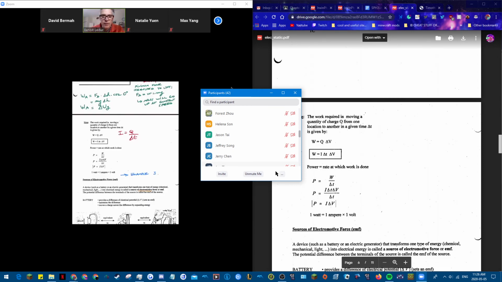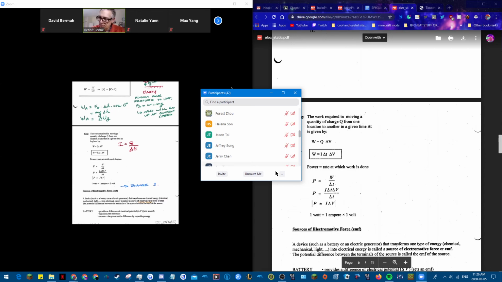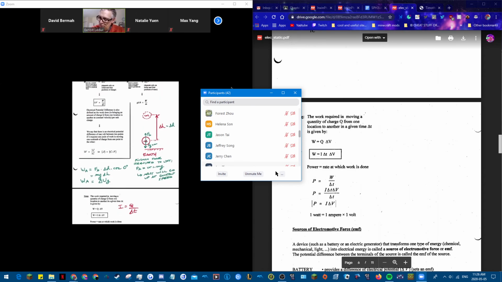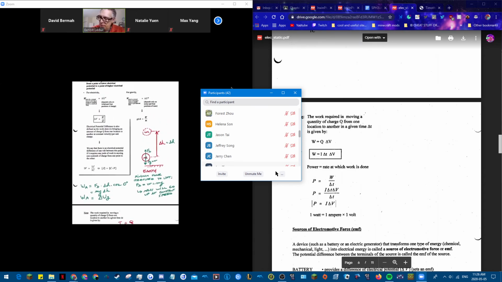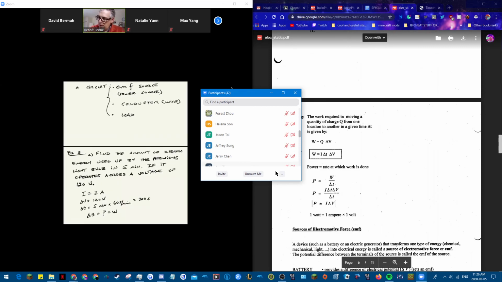If we go back to this here, the work done by me in changing the mass from an initial height to a final height is equal to the change in gravitational energy. So you just use the equation here.